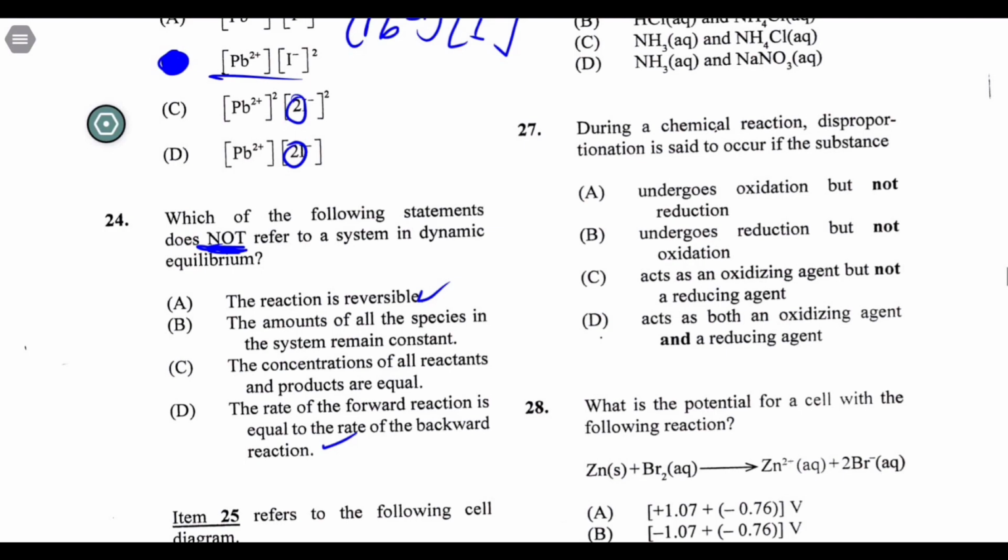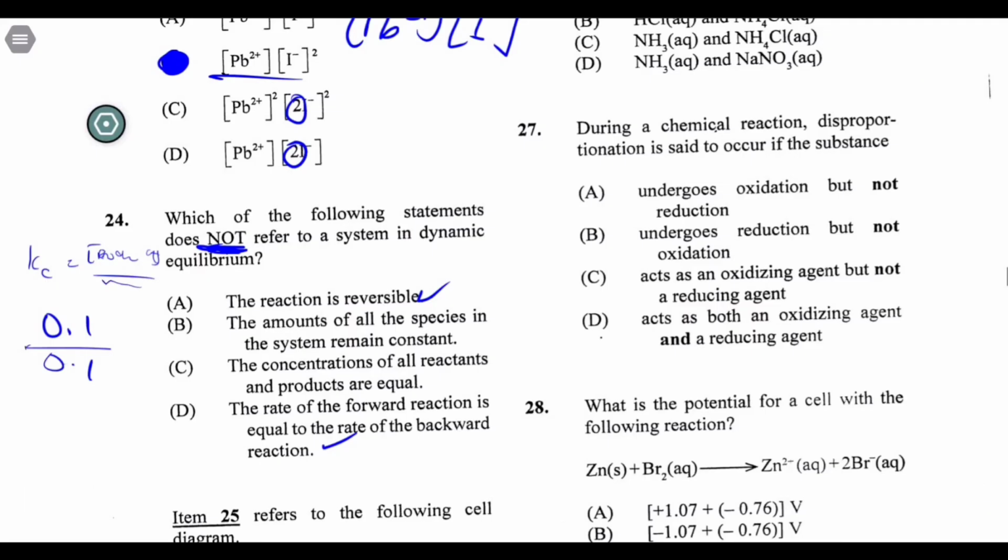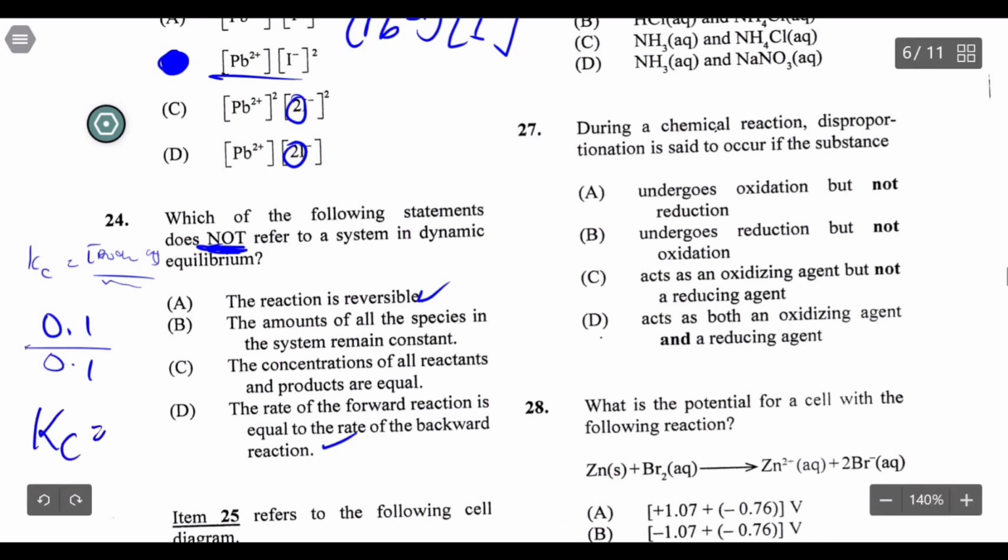If the concentration of the reactant is 0.1 molar, while the concentration of the products is the same, which is 0.1, remember that Kc is equal to the product of the concentration of the products over the product of the concentration of the reactants. So if that's 0.1 and that's 0.1 as well, Kc is equal to 1.